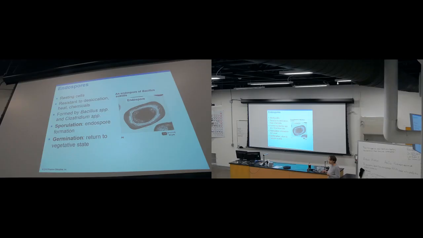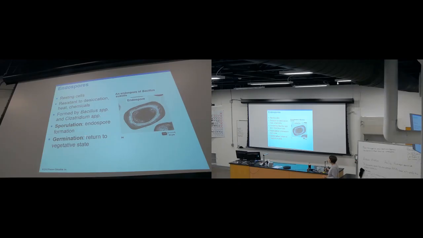When bacteria produce these endospores, this is called sporulation. And then these seed into the environment, and when they find water or nutrients or a better environment, better temperature, they form a new bacteria.